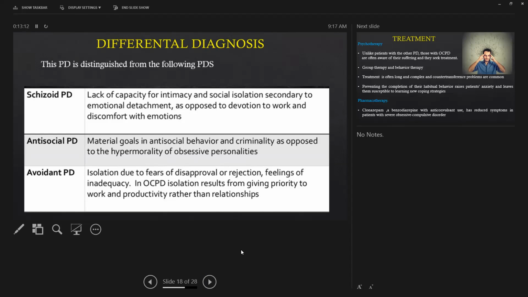In antisocial personality disorder, material goals drive antisocial behavior and criminality, as opposed to the hypermorality of an obsessive personality. In avoidant personality disorder, isolation is due to fear of disapproval or rejection or feelings of inadequacy. In OCPD, isolation results from giving priority to work and productivity rather than relationships.